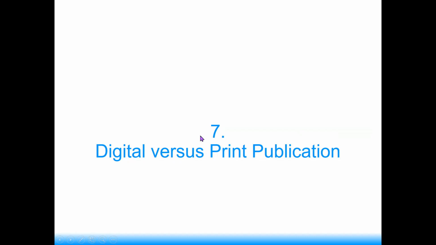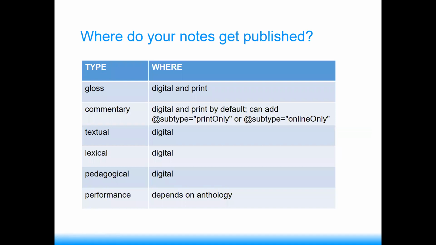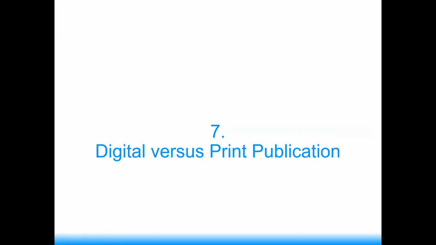So part 7, digital versus print publication. If you don't know already, we do have a print publication series lined up, and our intention is to produce a print edition of every play that we publish digitally. That will be particularly valuable for early career scholars, people coming up for tenure and promotion deadlines, scholars on the job market.